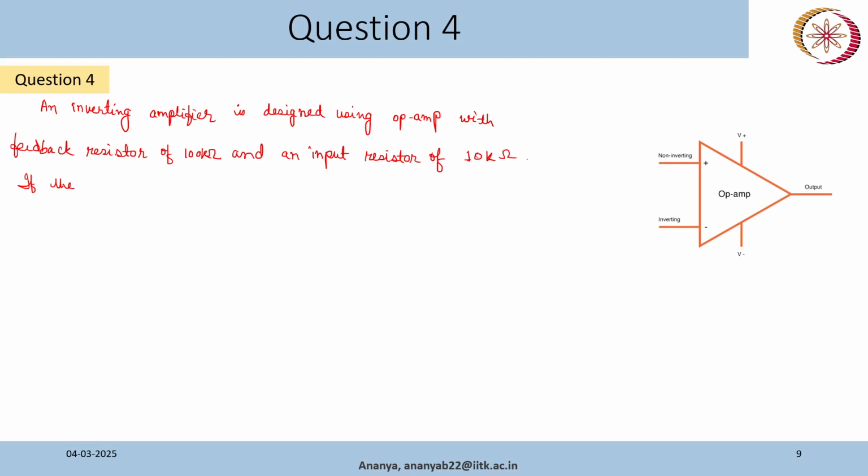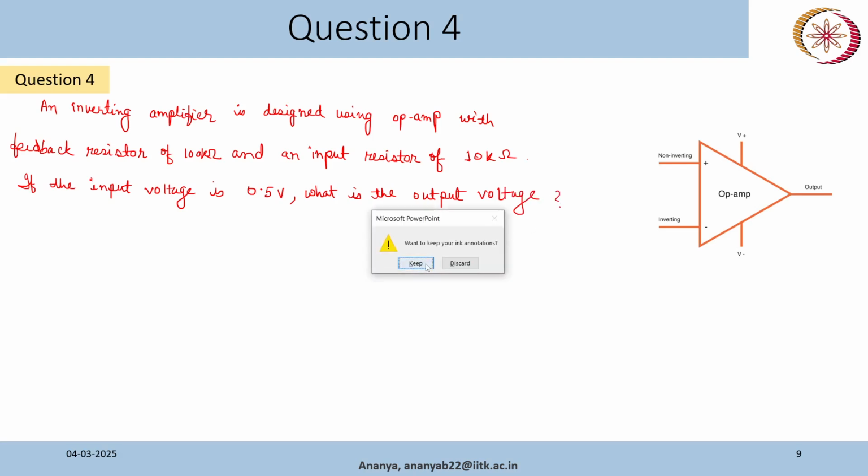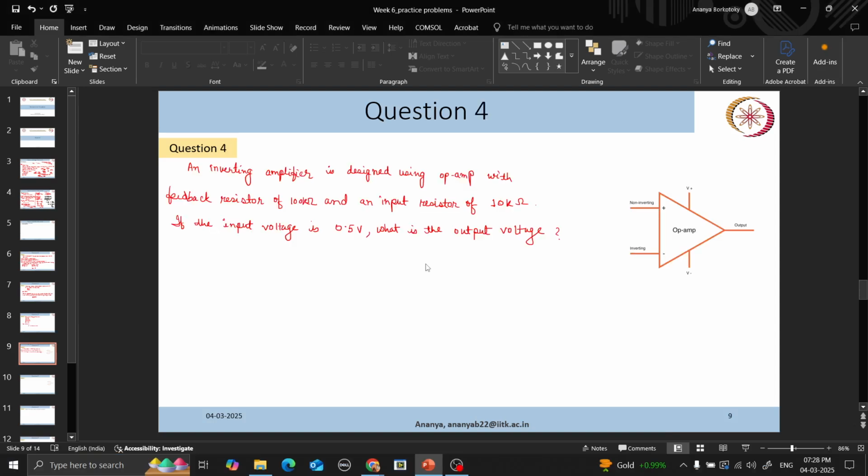If the input voltage is 0.5 volt, what is the output voltage? Very easy calculation, you can do it and tell me the answer. So remember, this is an inverting amplifier.